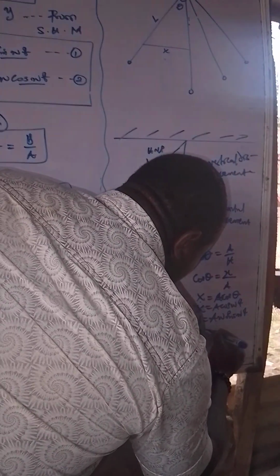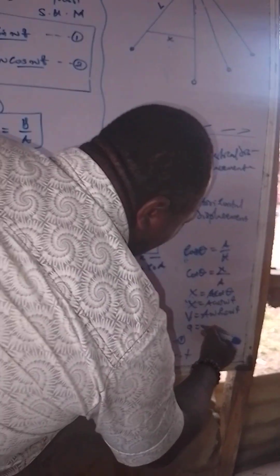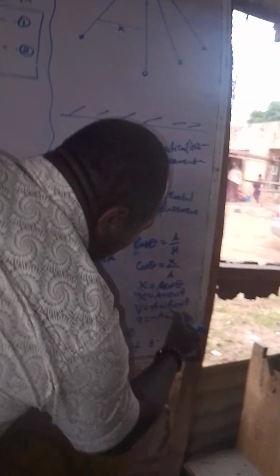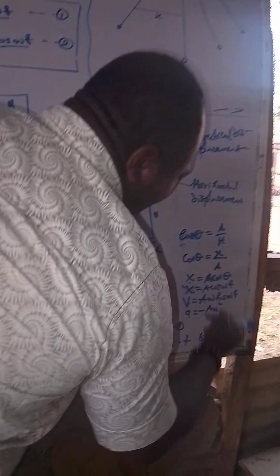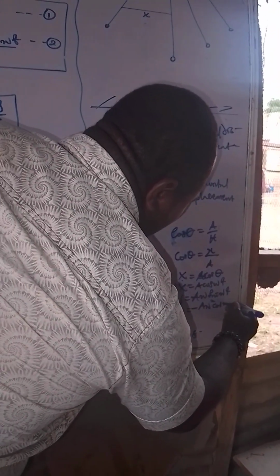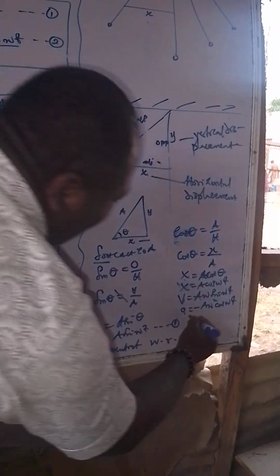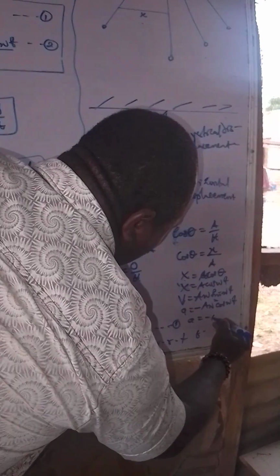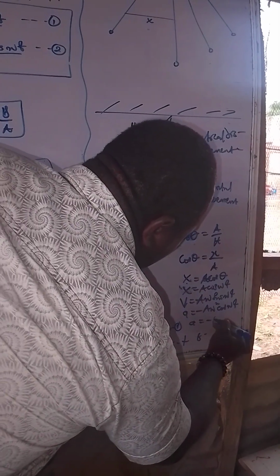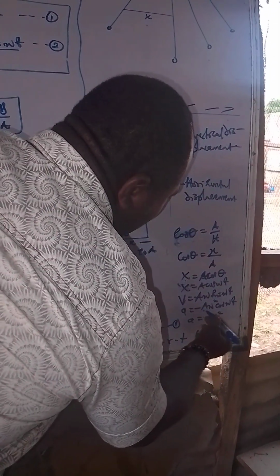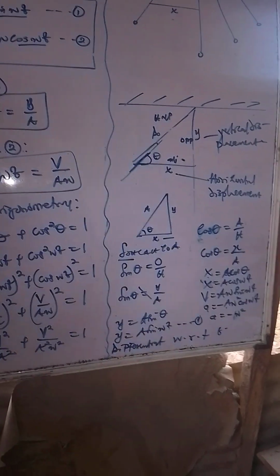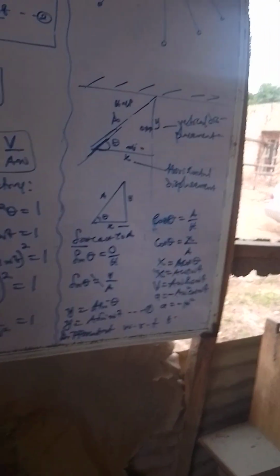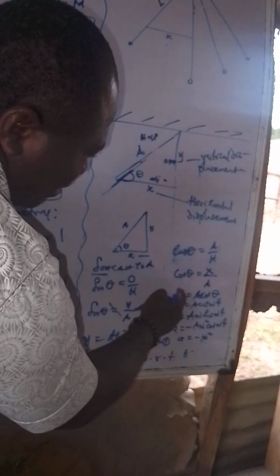The acceleration will then be minus a omega square, since the derivative of sine is cos omega t. So acceleration is minus omega square times a cos omega t, and a cos omega t is x, so minus omega square x.